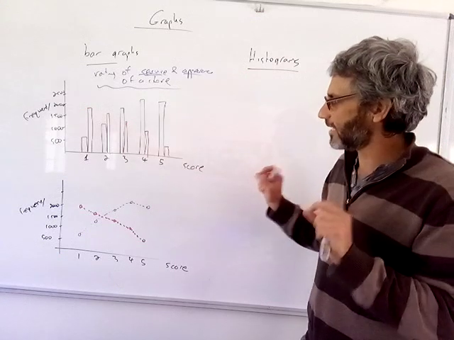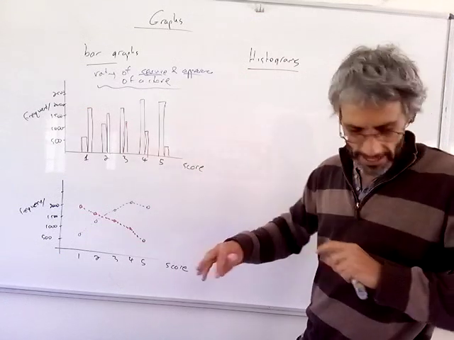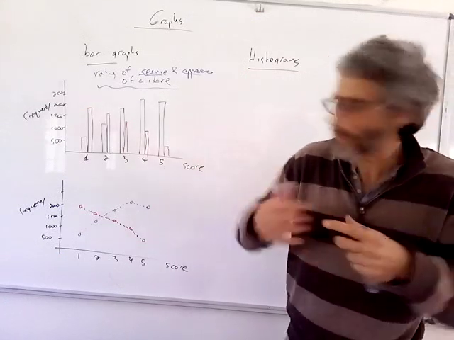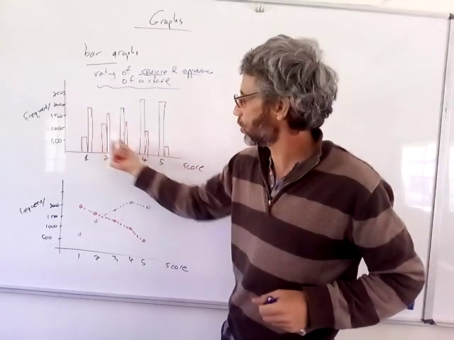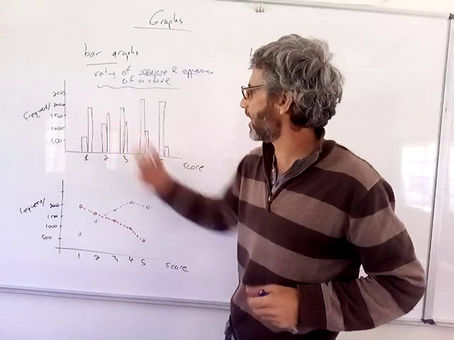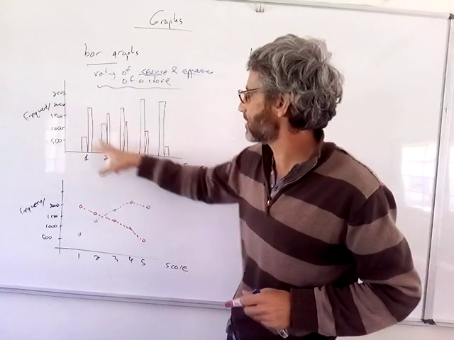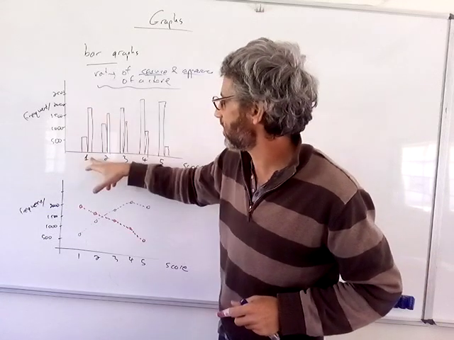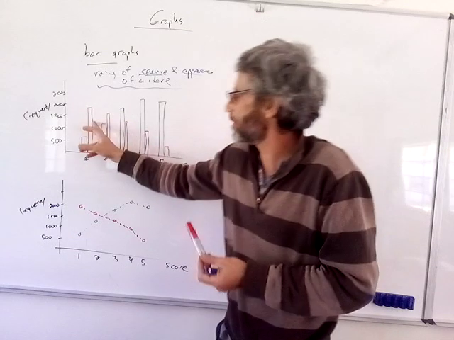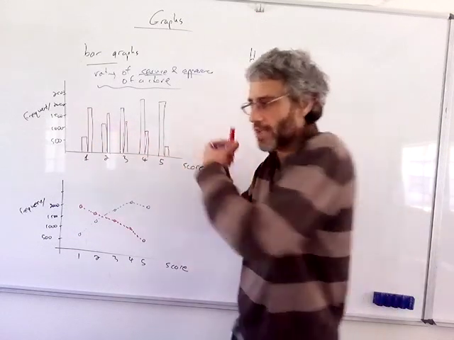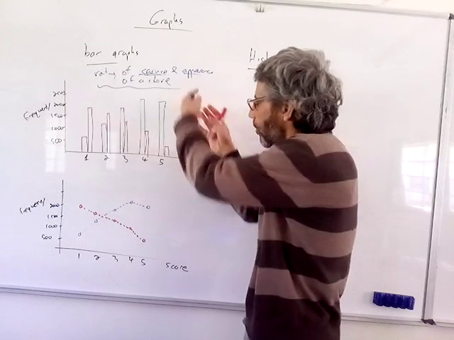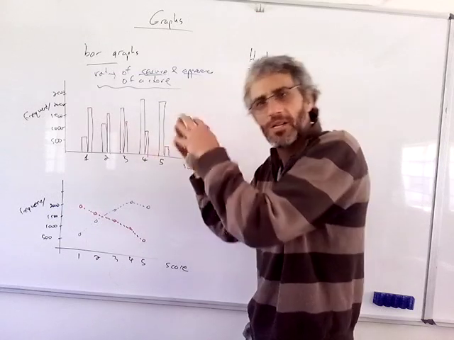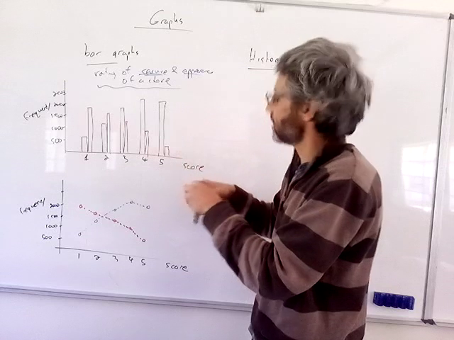Now, what's missing currently in both my graphs is a way to figure out which one is the service and which one is the appearance, because as I've told you, there's two kinds of rating. There are 2,000 people who said they scored 1, but what was the difference between the red and the blue? So I need some kind of key to know which one is service and which one is appearance.